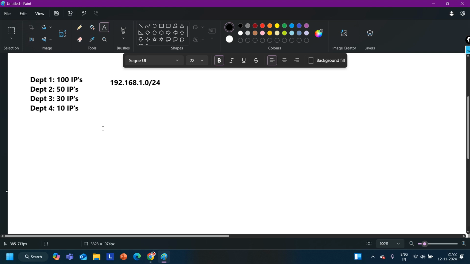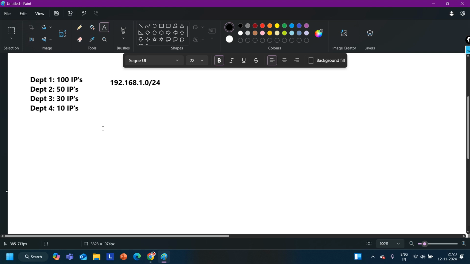But how will I get the network ID for each department? First of all, you have to arrange your requirements in descending order, right?